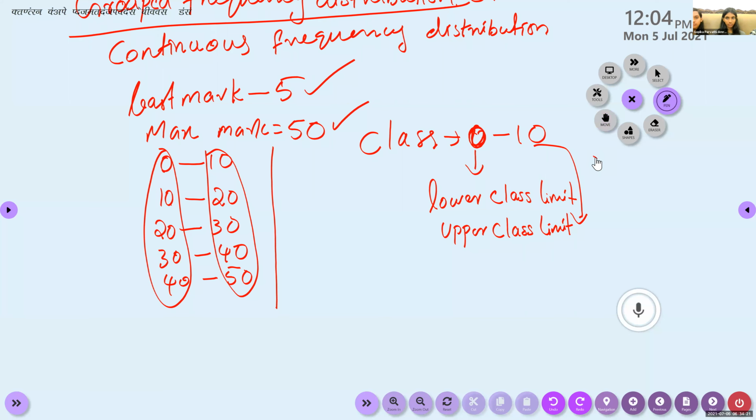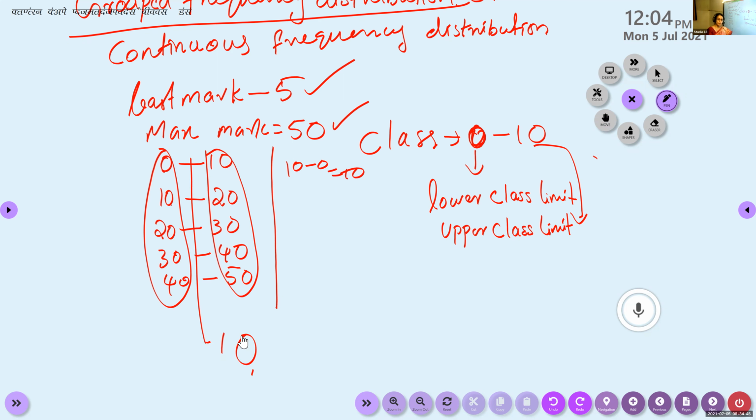10. See, subtract: 10 minus 0, 10. 20 minus 10, 10. 30 minus 20, 10. 40 minus 30, 10. 50 minus 40, 10. The difference between each class is equal and it is equal to 10.